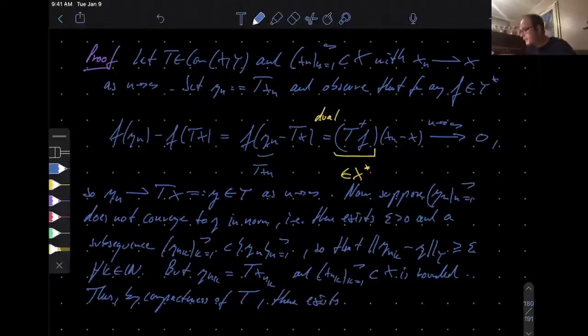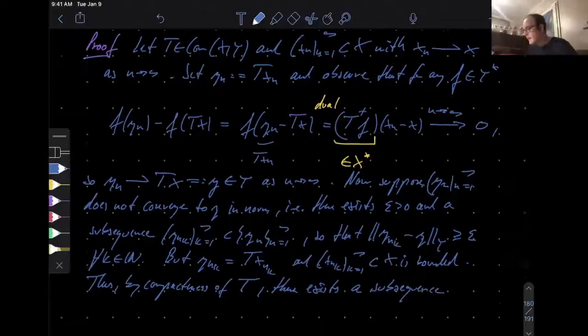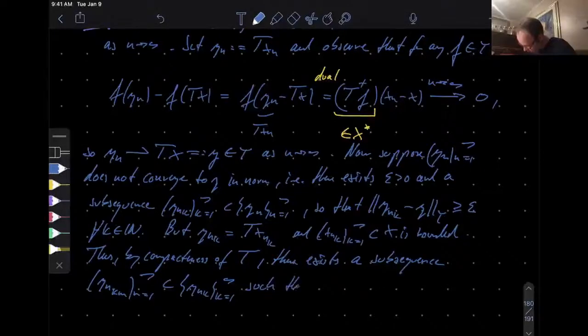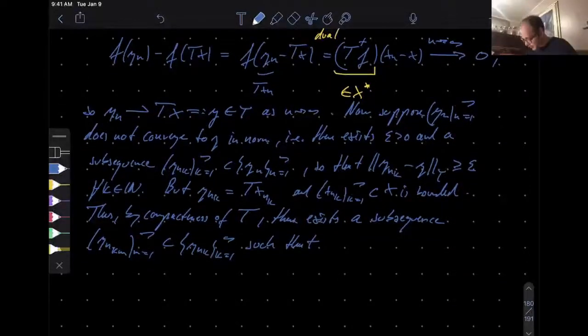There exists a subsequence y_{n_{k_m}}, which is a subsequence of the y_{n_k}, such that the y_{n_{k_m}} converge in norm to some element y hat.